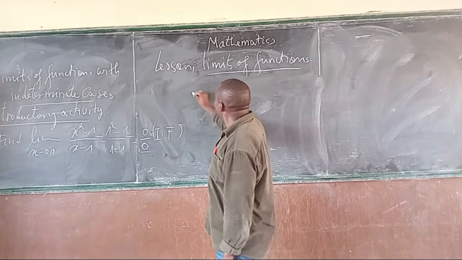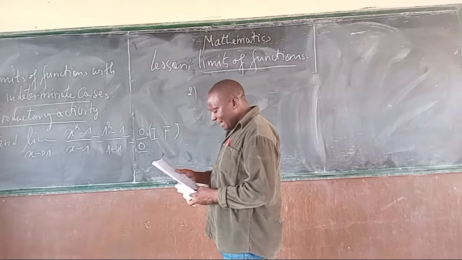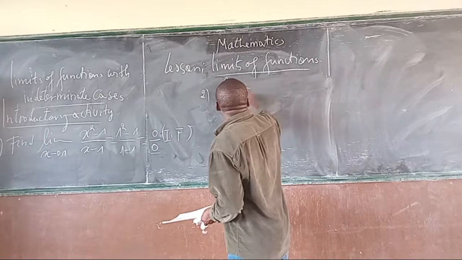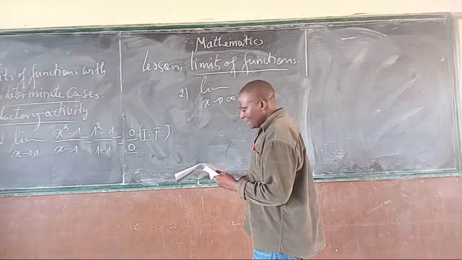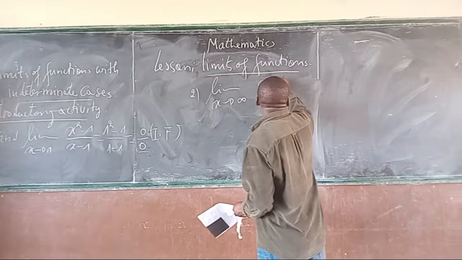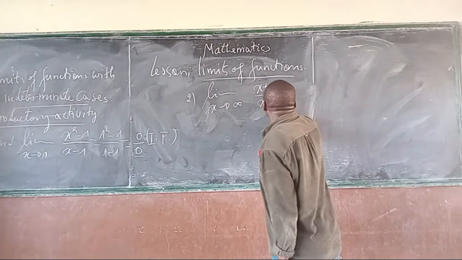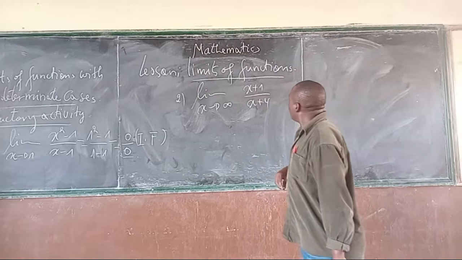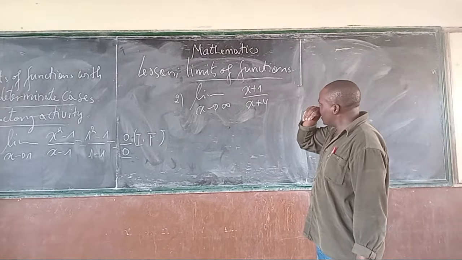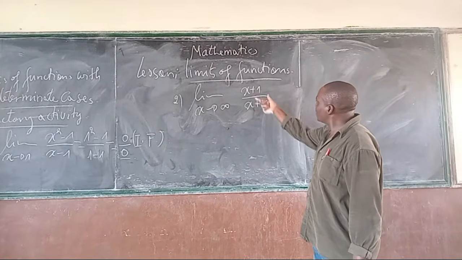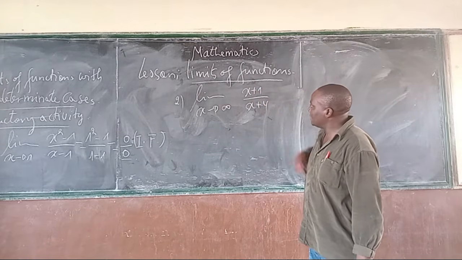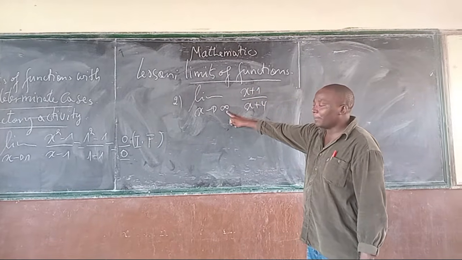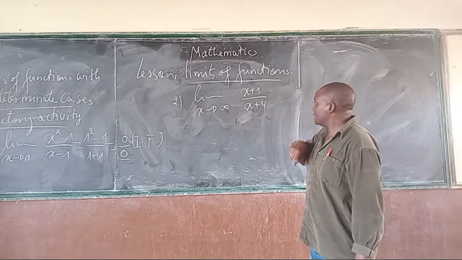Then, activity number 2. When you have the limit where x approaches infinity of (x + 1) out of (x + 4), we ask you to find the value of the given ratio function where x approaches infinity.